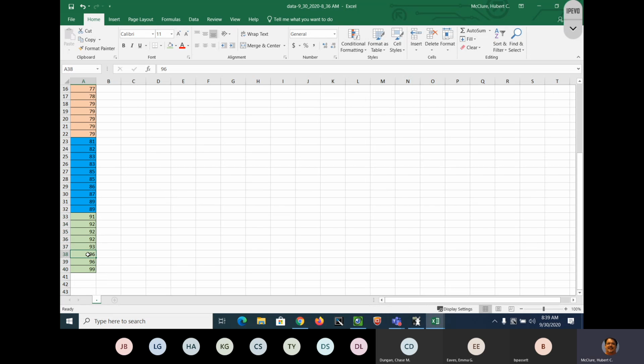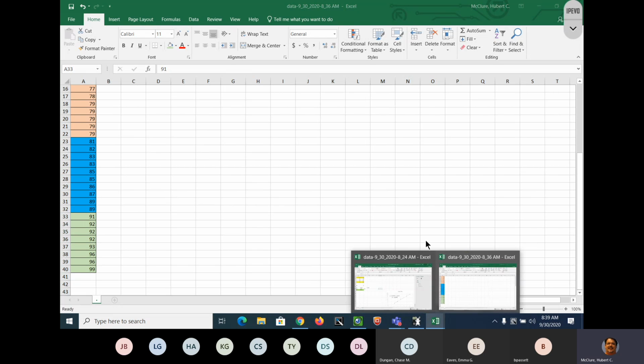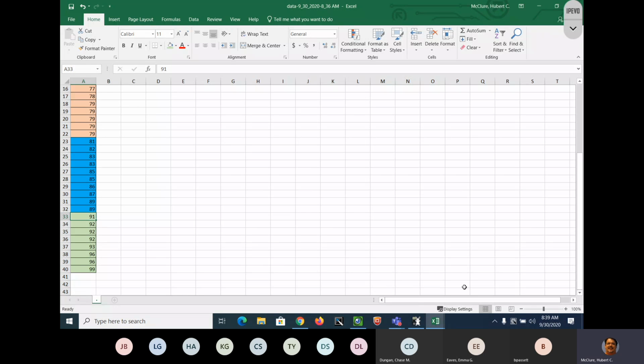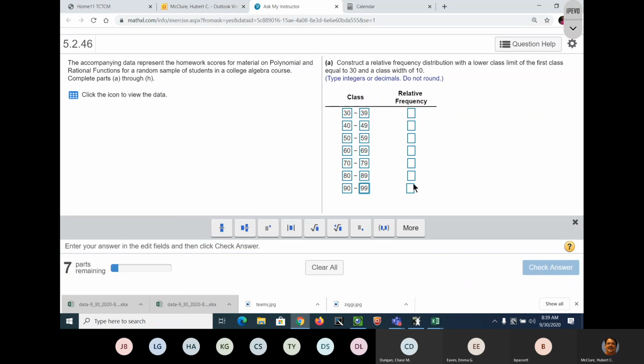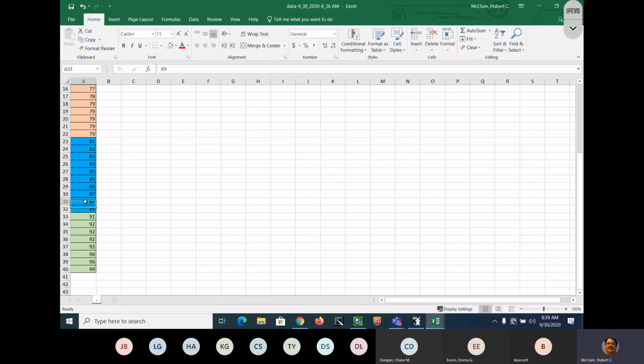So 1, 2, 3, 4, 5, 6, 7, 8. So I'm going to make this small. 8. And then the next one: 1, 2, 3, 4, 5, 6, 7, 8, 9, 10. And we got to do relative frequency. So let's go with 10 right here.